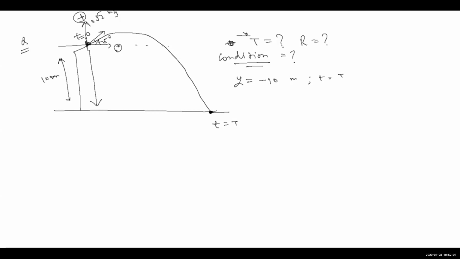The displacement along y-axis will be minus 10, because the particle in the beginning goes upward along the y-axis, then it goes downward. When the displacement along y-axis becomes minus 10, this projectile will hit the ground. So when displacement along y-axis becomes minus 10, the time will be capital T.